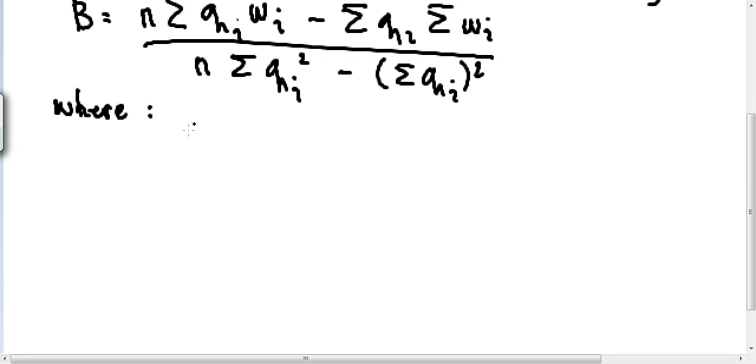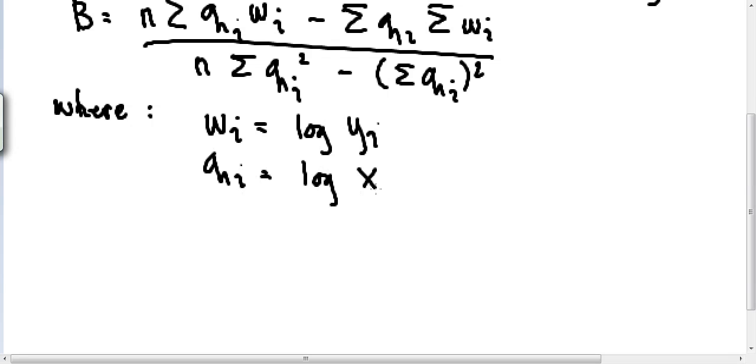As you know, wi is equal to log yi and qi is log xi.